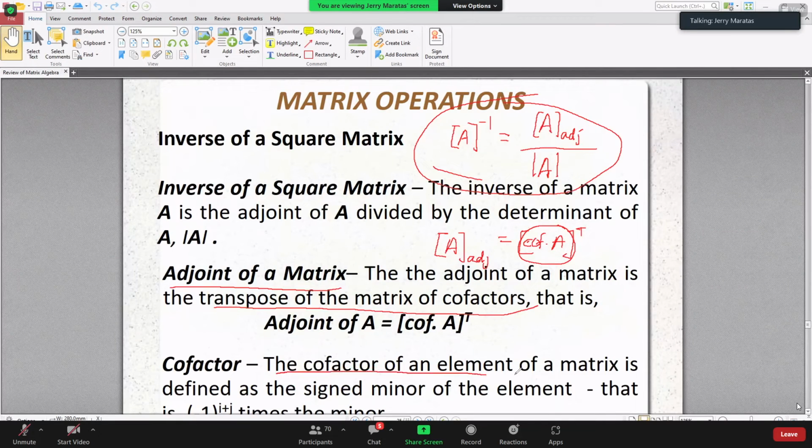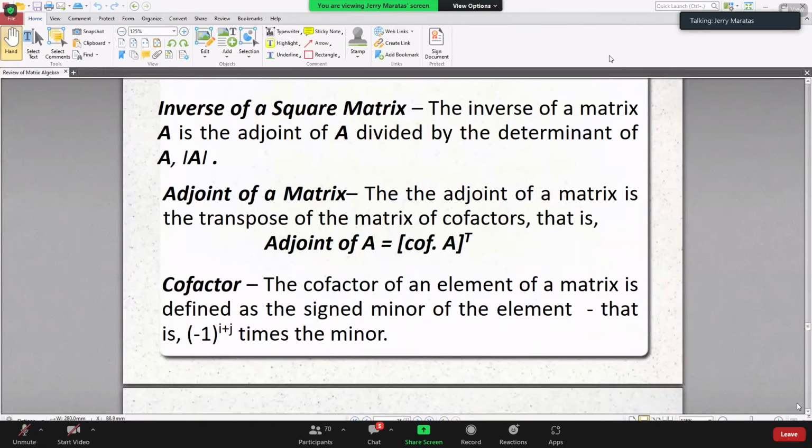The cofactor of an element of a matrix is defined as the signed minor of the element. There is another term, the minor of the element. The signed minor of the element is negative 1 raised to the power i plus j, times the minor.